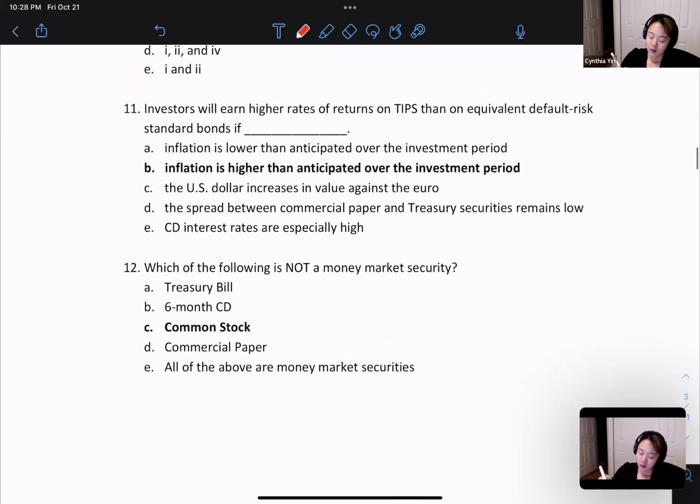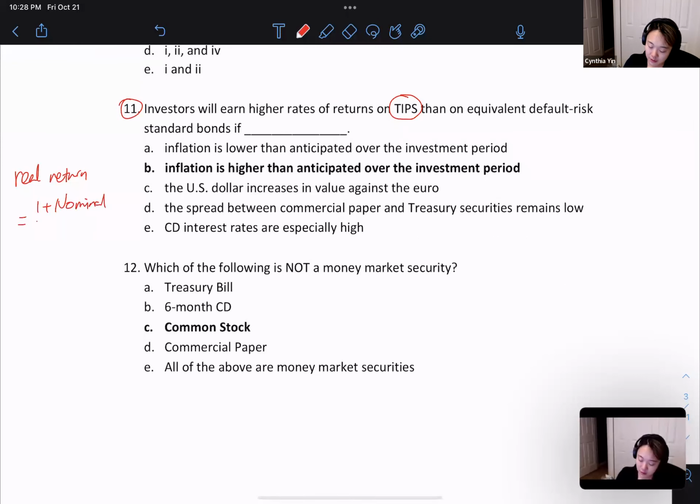Okay. And 11, investors will earn higher rate of return on TIPS. If you still remember, TIPS is inflation adjusted treasury bond. So if you remember the formula for real return, it's 1 plus nominal divided by 1 plus inflation, minus 1.